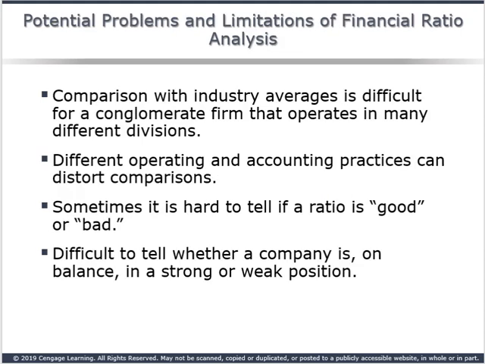Now, one of the things that we do want to be aware of is that ratio analysis is not the silver bullet, but it is a very important methodology that we need to know and be able to use. And so we see here that comparisons with industry averages can be difficult if the industry has a lot of companies that are not specifically connected to the company itself.